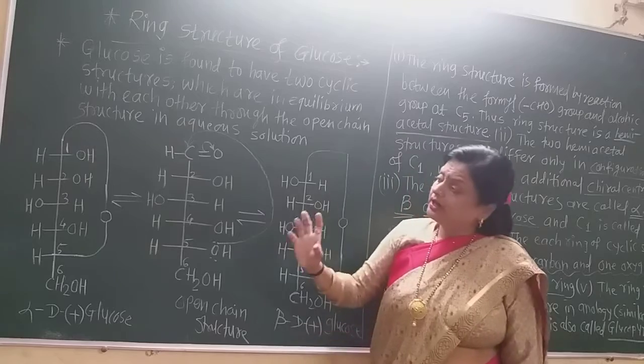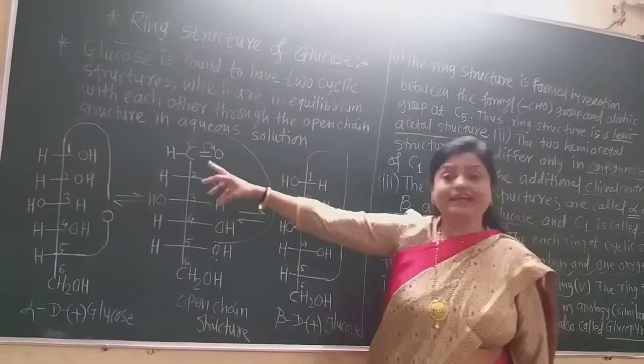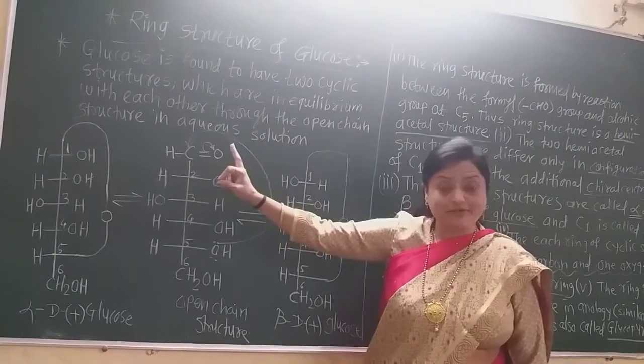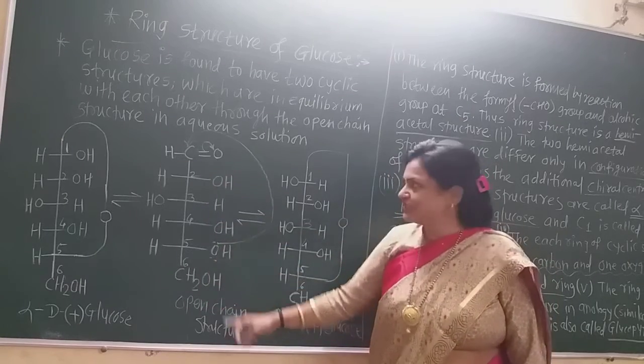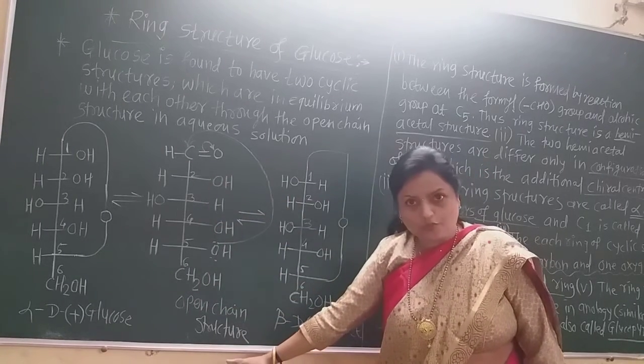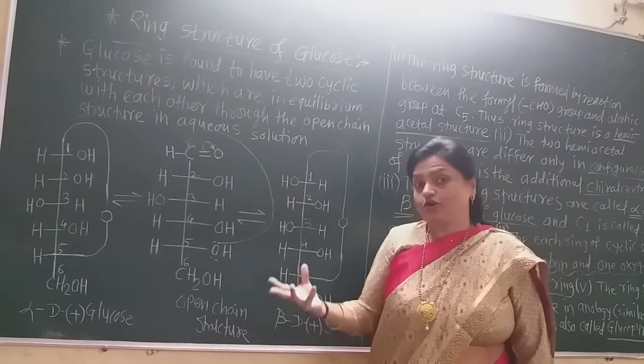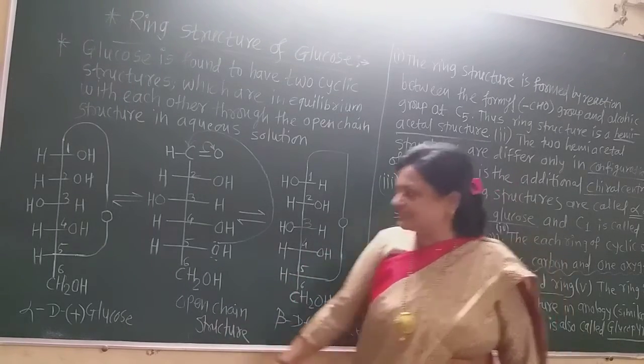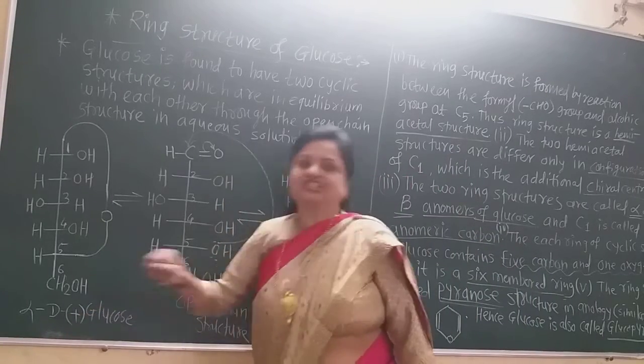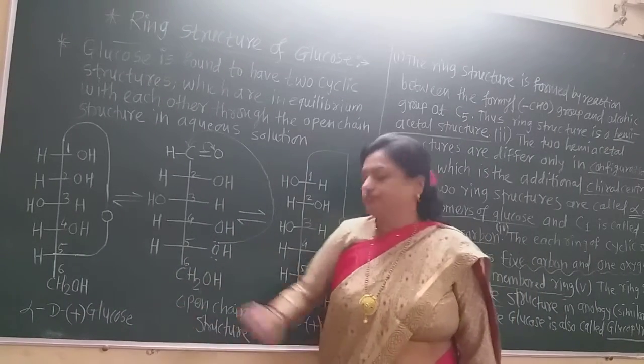Now if the hydroxyl group is on the right hand side on the first carbon after the cyclization of this open chain structure of glucose, then that ring structure of glucose is called alpha D plus glucose.